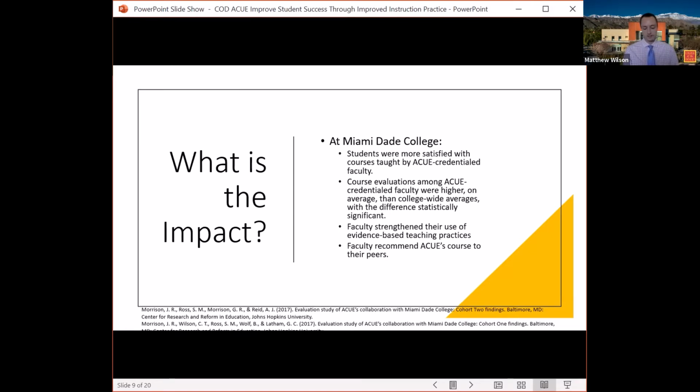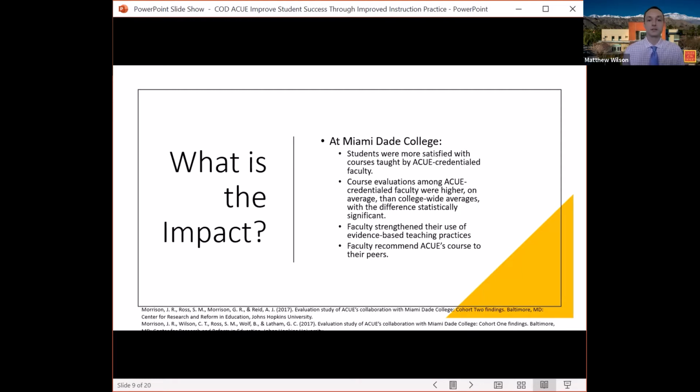Some specific areas faculty improved were providing regular feedback on student learning and progress, creating an atmosphere that encourages learning, presenting information clearly, and assigning relevant coursework. So the students perceived that the classroom environment and their faculty's ability to teach all improved.